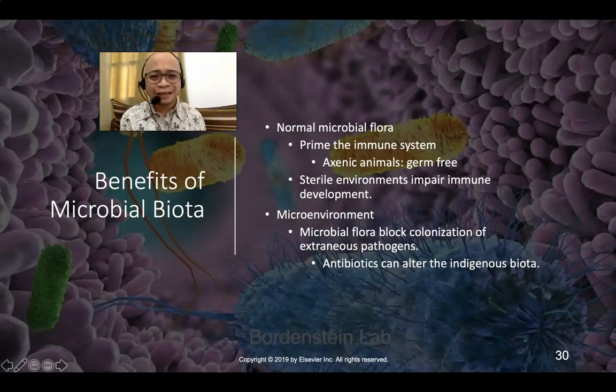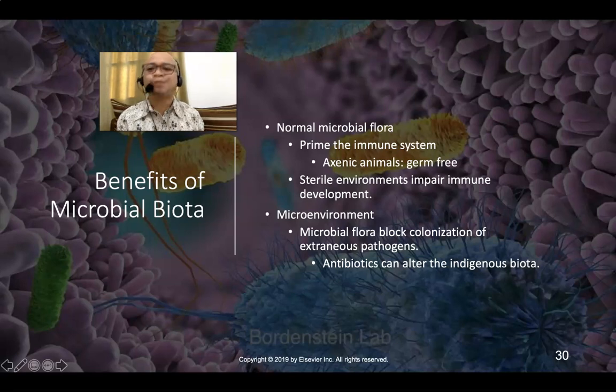Remember, in immunology, if T cells and B cells are not able to encounter any antigen at all, they will become naive and eventually undergo apoptosis. The microenvironment refers to the presence of microbial flora, which blocks the colonization of extraneous pathogens.